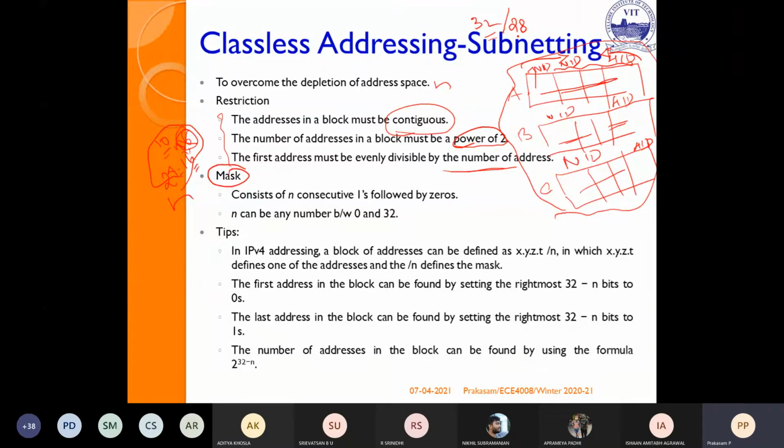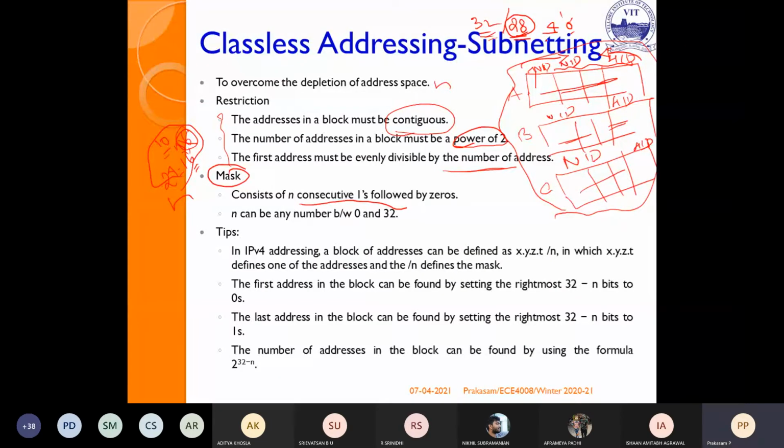This 28 is the number of maskable bits used to represent the network ID. This way I am creating a mask that consists of n consecutive ones followed by zeros. In this case, 28 consecutive ones and the remaining 4 zeros. That is the mask.